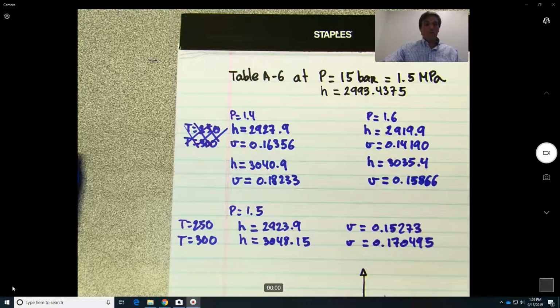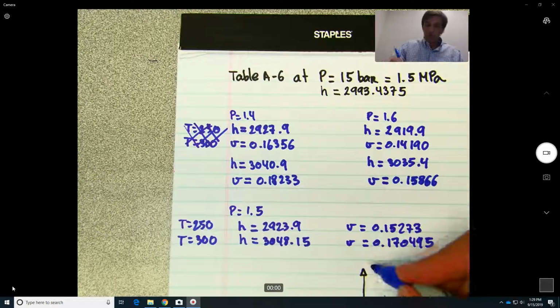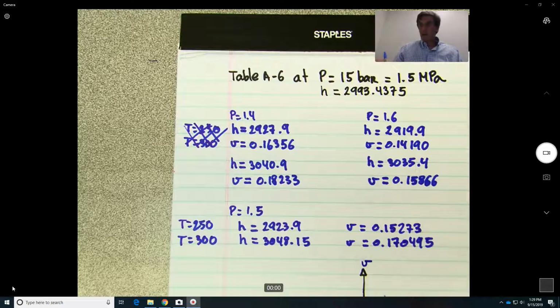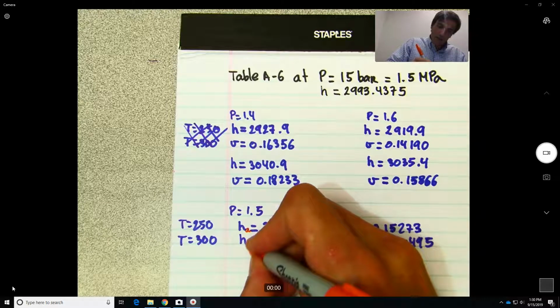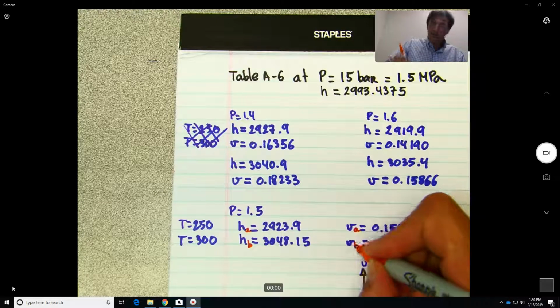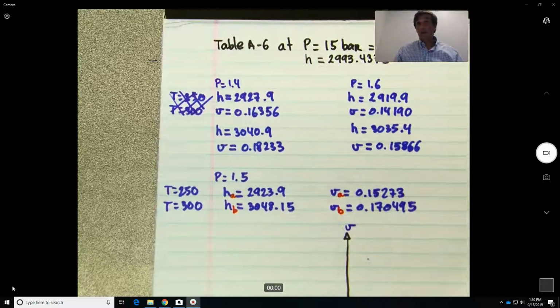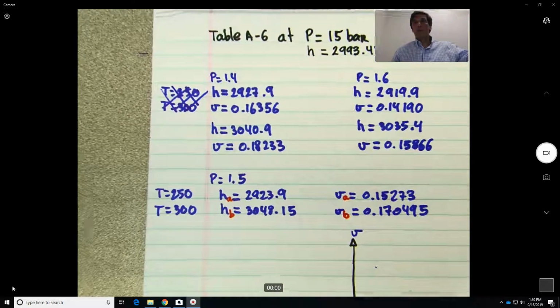So remember that you always want to put on the y-axis what you're looking for, and on the x-axis what you know. So let's see, for H1, this would be HA, VA, HB, VB. Okay, let me zoom out a little bit.